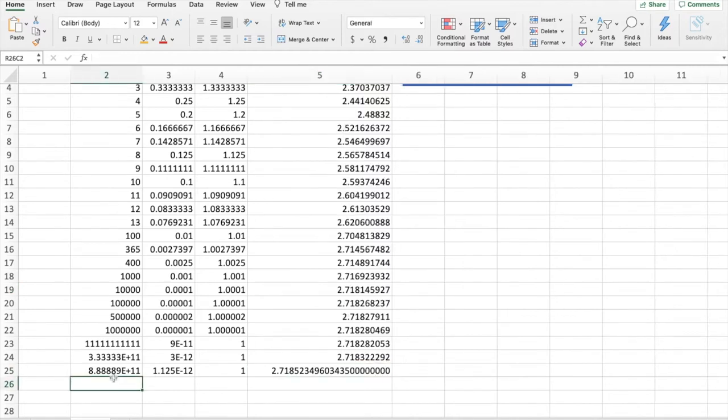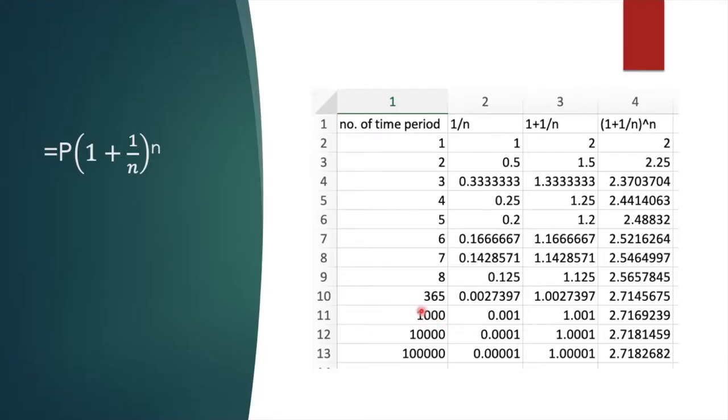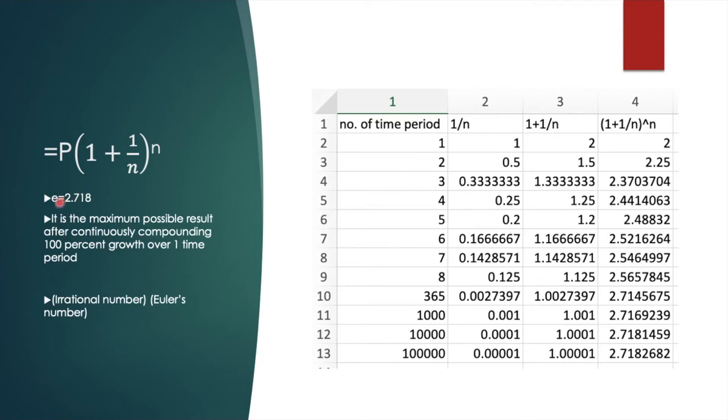Then as we increase the time interval further, this value 2.718 is not changing. With more time added, the digits after 8 will change, but up to 2.718 it doesn't change. After crossing a certain limit of time, this value doesn't change. So this value 2.718 is considered as E. It is the maximum possible result after continuously compounding 100% growth over one time period.